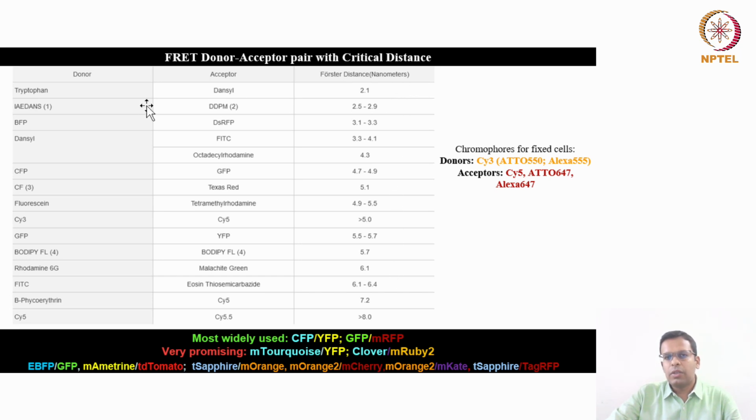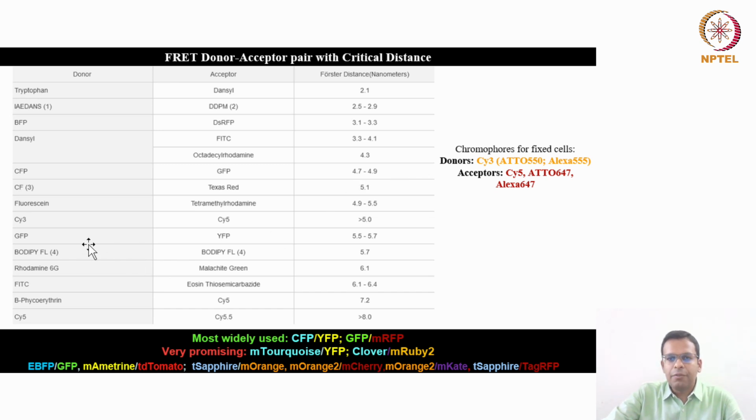If you use these two fluorescent proteins, let's say CFP and GFP, then if the distance between protein A and B is less than 4.7 to 4.9 nanometer, then only you can see the FRET signal.